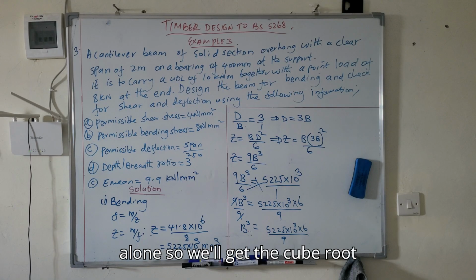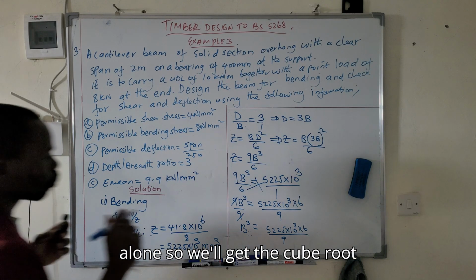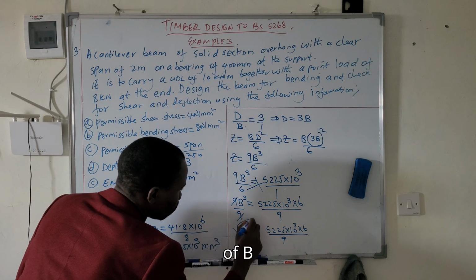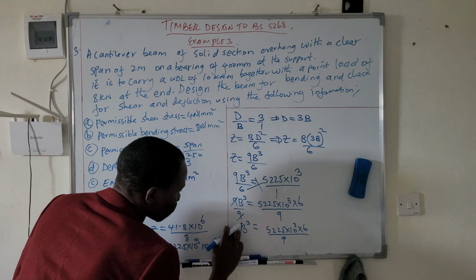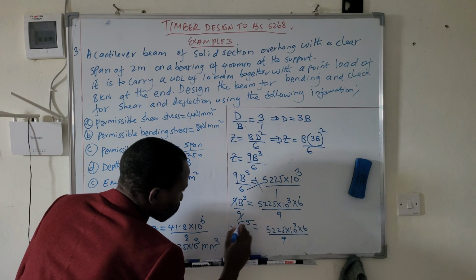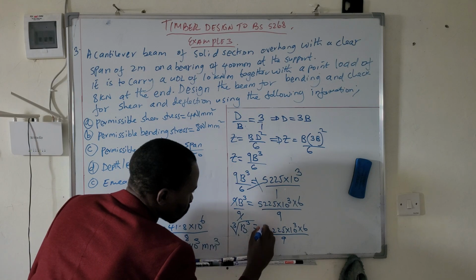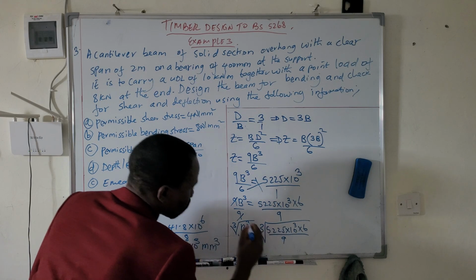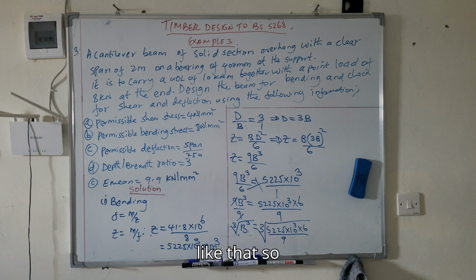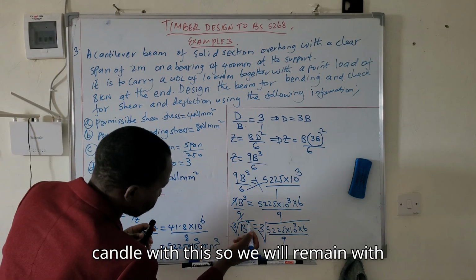So we want B alone. So we will get the cube root, like that. This cube root will cancel with this.